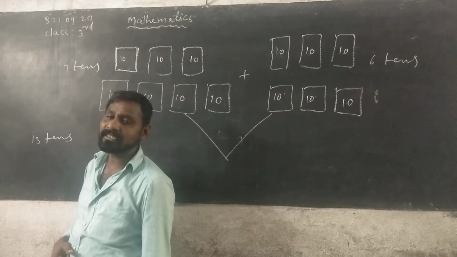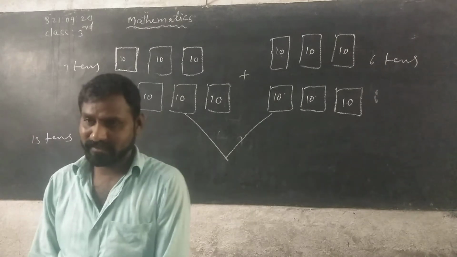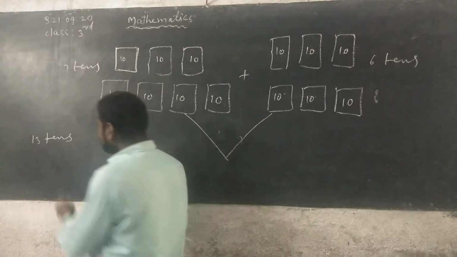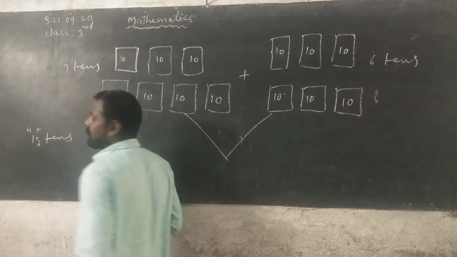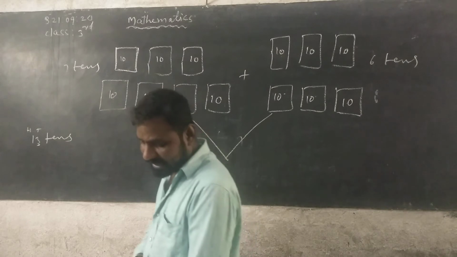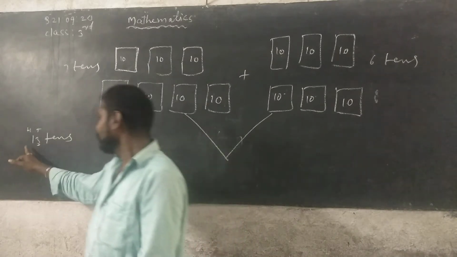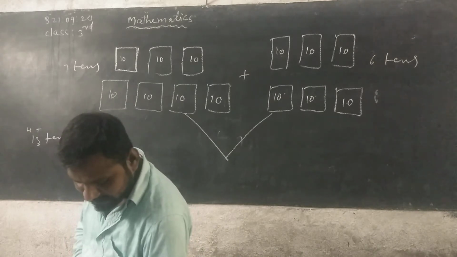13 tens means 3 is in 10's place and 1 is in 100's place. Did you understand? So 100 means 10 into 10. How many can you write? 1, 2, 3, 4, 5, 6, 7, 8, 9, 10.